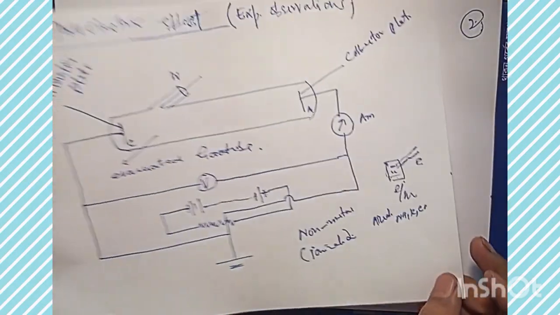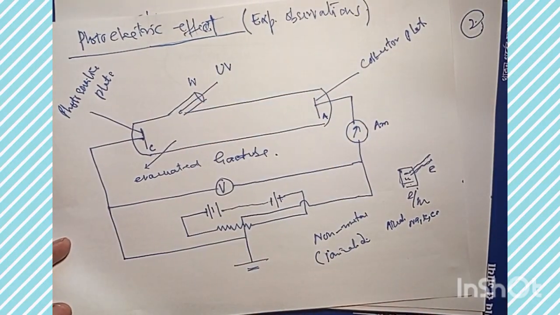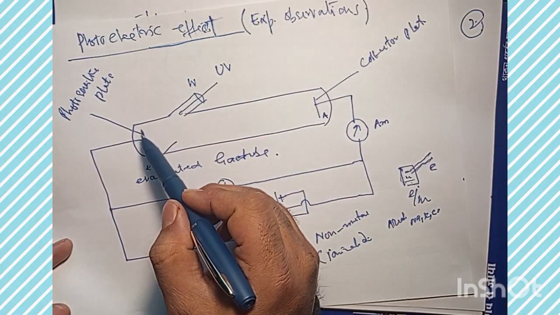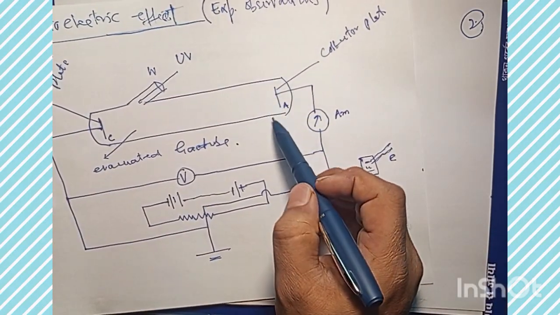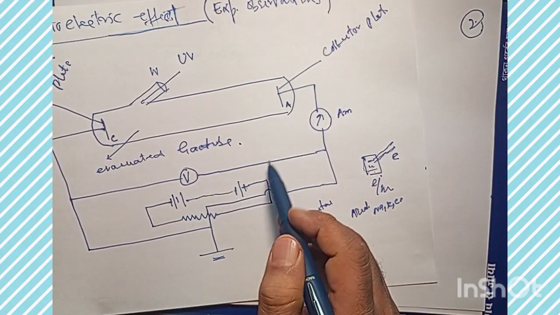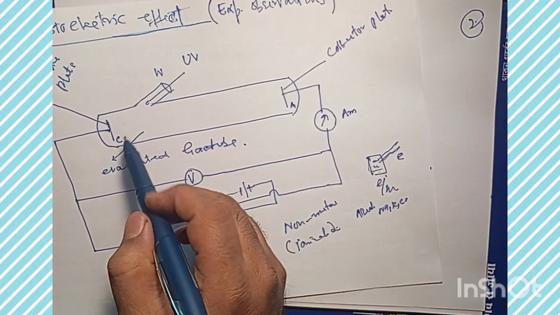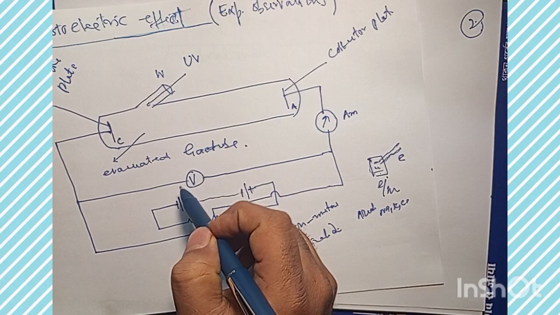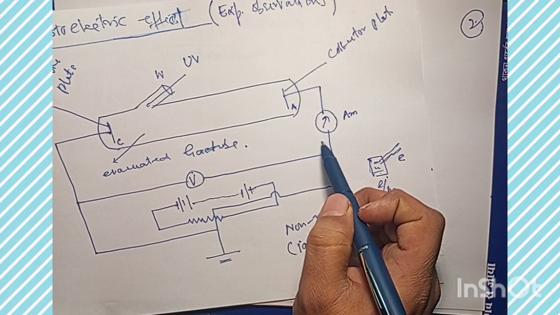So what we choose in this case is UV light, ultraviolet light of some fixed frequency, and this light is allowed to fall on this plate, and the collector plate is kept at some positive potential with respect to the high tension battery here, right? And with respect to A, the value of this potential is adjusted. We can adjust it so that the micrometer gives us the maximum readings in our case, right?